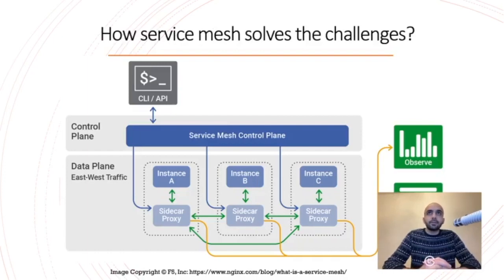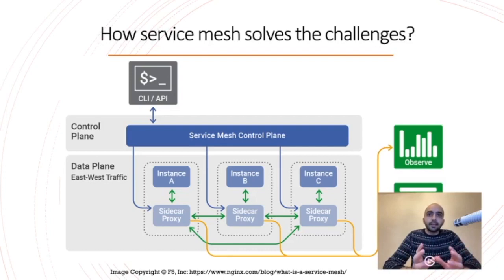So how does Service Mesh solve these challenges? In Service Mesh, we have something named the control plane. Usually that's the heart of the Service Mesh and where configuration is stored. Also, we have another part in there, and that is the data plane. And inside the data plane, what we have is actually our instances of code.